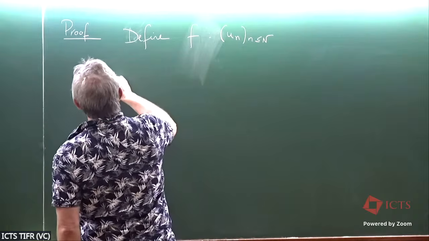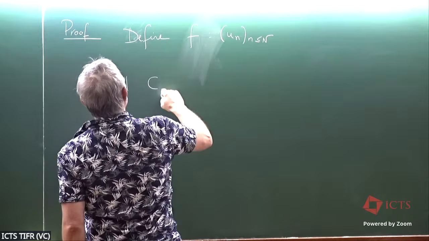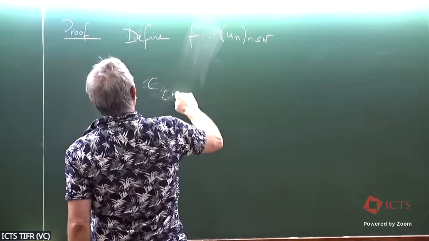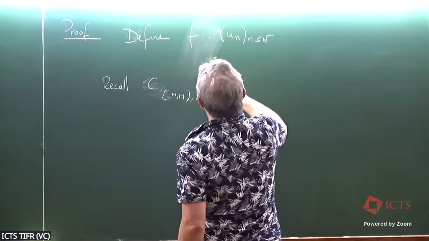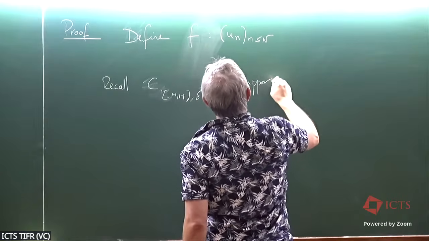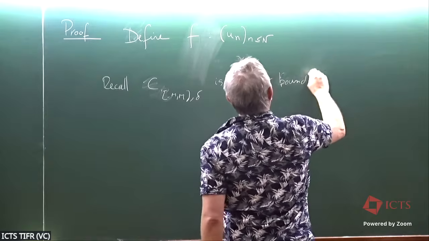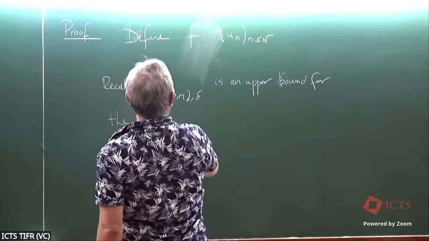So recall that C minus M delta is an upper bound for the... don't use delta.